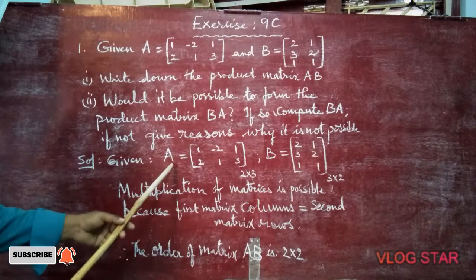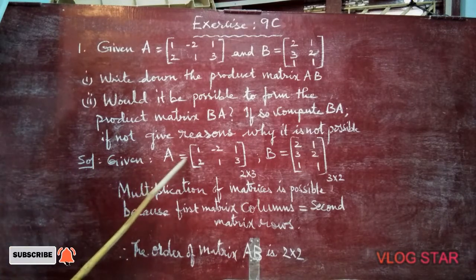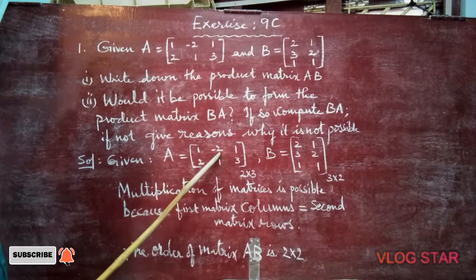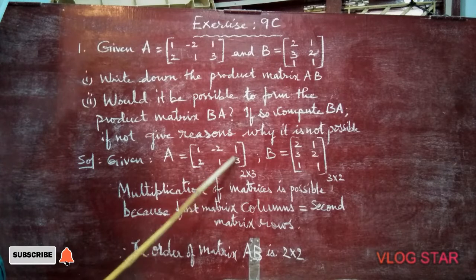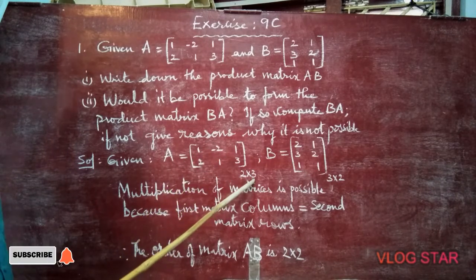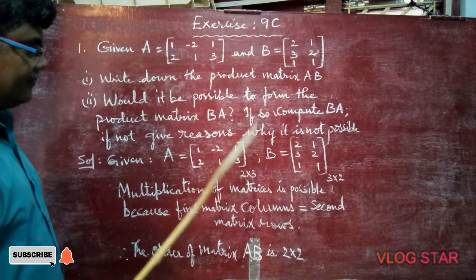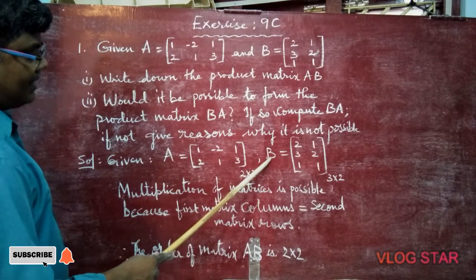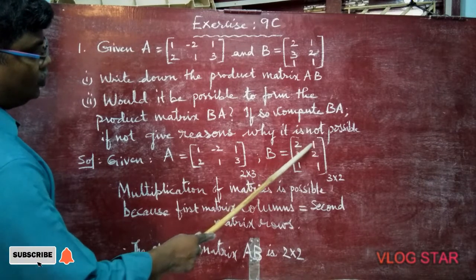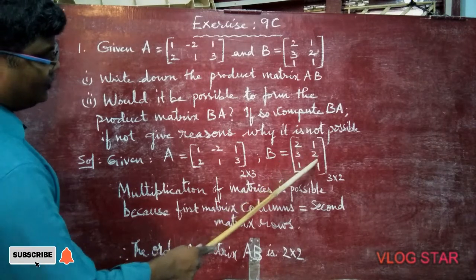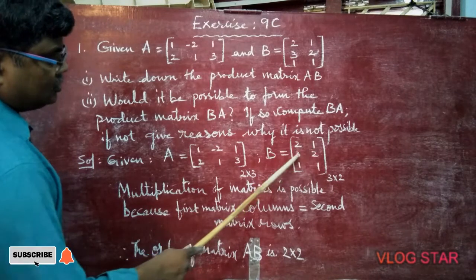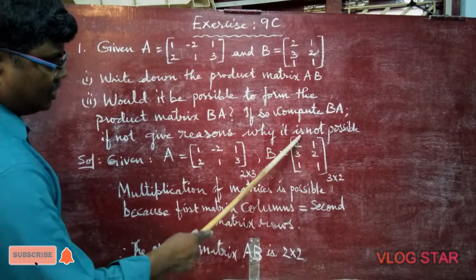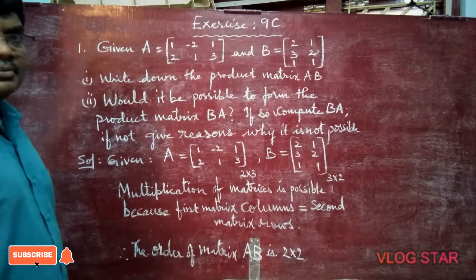Solution. They have given matrix A as 1, -2, 1, 2, 1, 3, means 2 rows and 3 columns, 2 by 3. The order of matrix A is 2 by 3. Coming to B, matrix B, 2, 1, 3, 2, 1, 1. How many rows? 1, 2, 3, 3 rows and 2 columns.